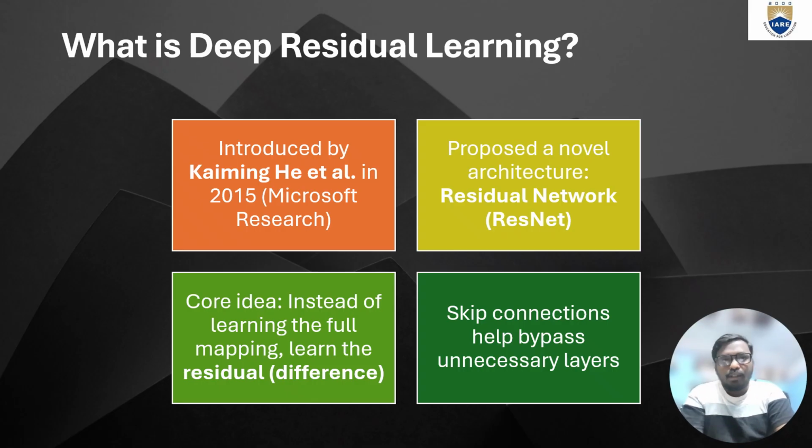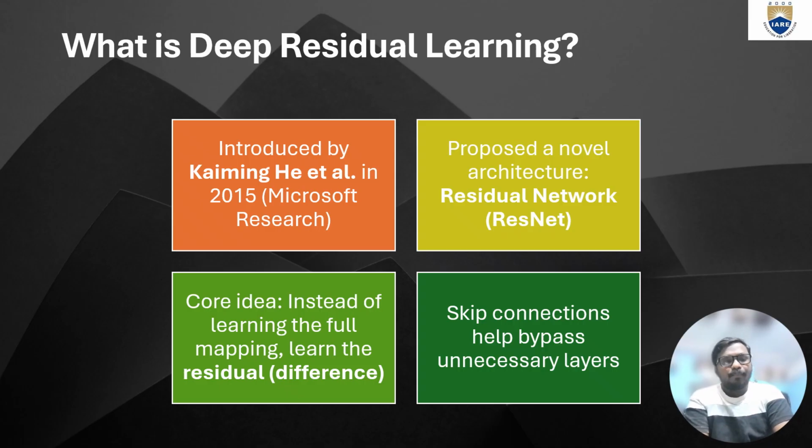So now we learn about deep residual learning. What is deep residual learning? It was introduced by Kaiming He et al. in 2015 at Microsoft Research. They proposed a novel architecture, the residual network (ResNet), and its core idea is: instead of learning the full mapping, learn the residual difference.